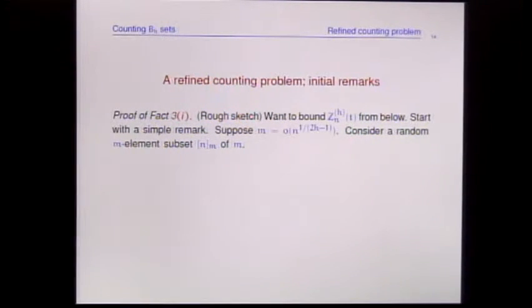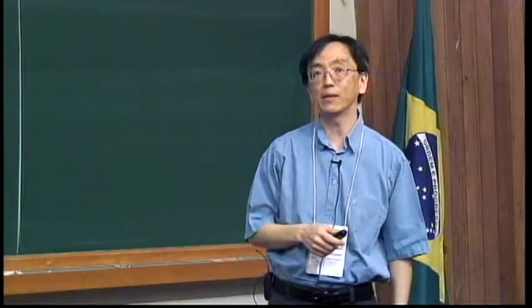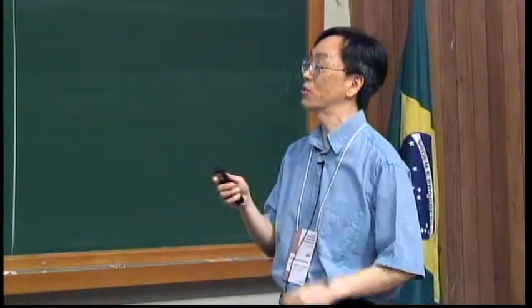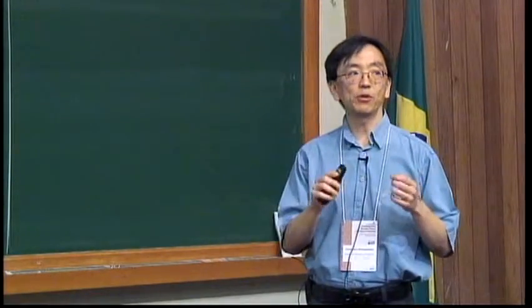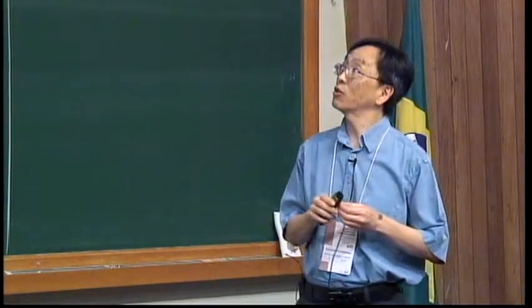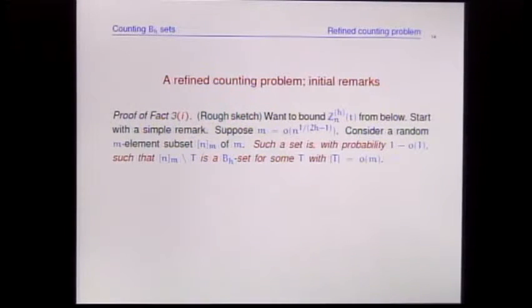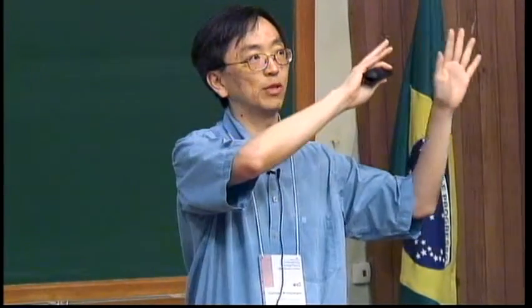So I have [n], and I take a random subset with m elements, all of them equiprobable, uniform distribution. Now, if you do some simple expectation calculation, you can count the number of conflicts. For a B_h set, I need all the h-sums to be different, and a conflict is when I have two h-sets that add up to the same quantity.